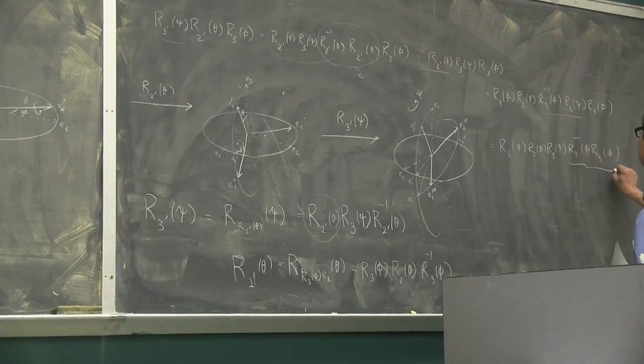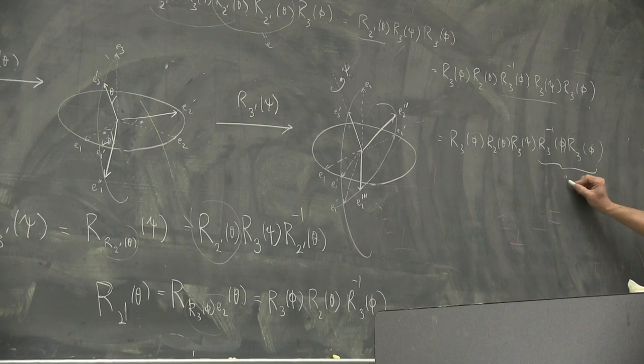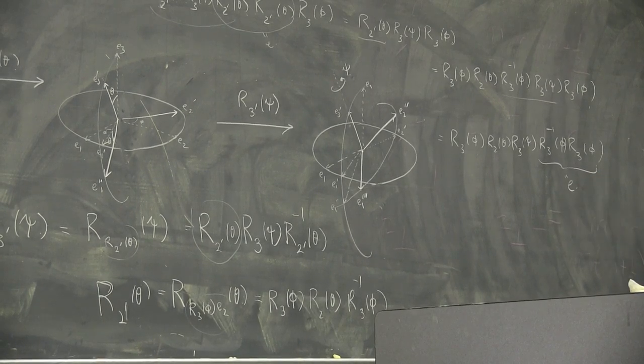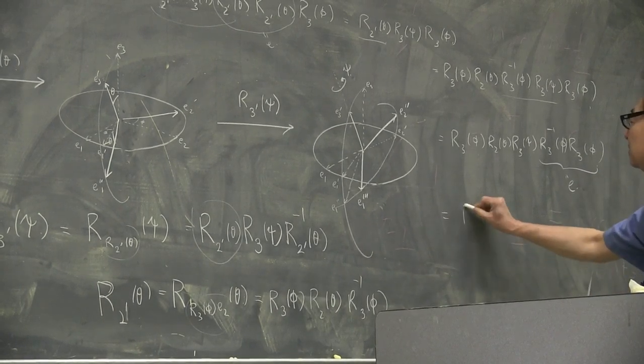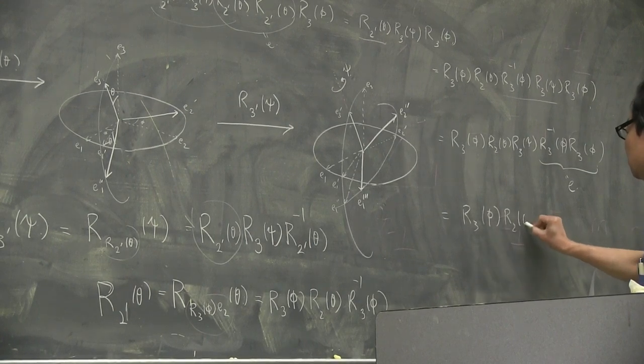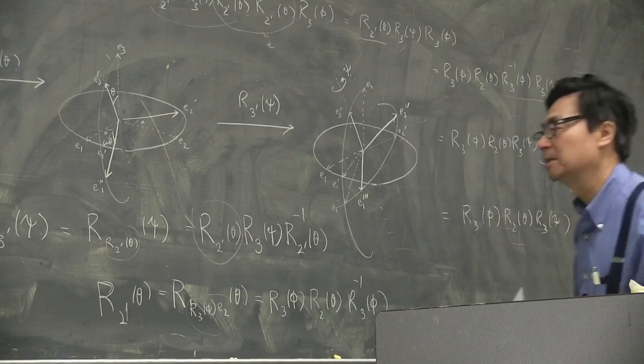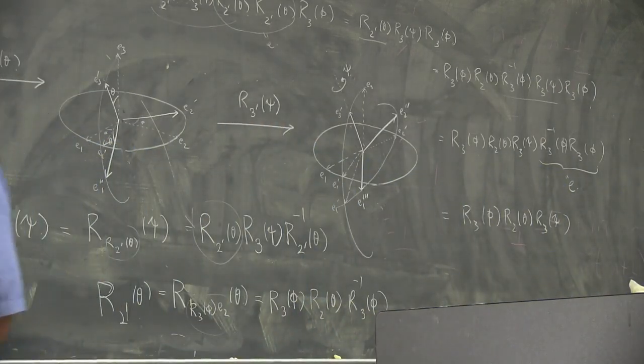Having written it like this, I now see that these two collapse to the identity. Okay, and so what I'm left with is just what we would like it to be. The rotation expressed in terms of the space-fixed axis, which is precisely this expression in here.